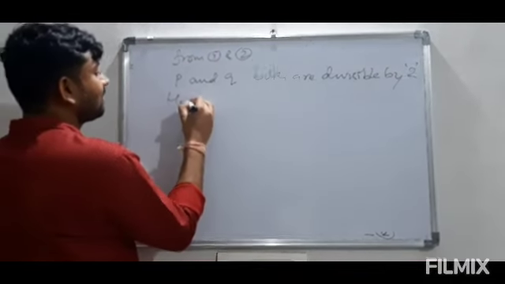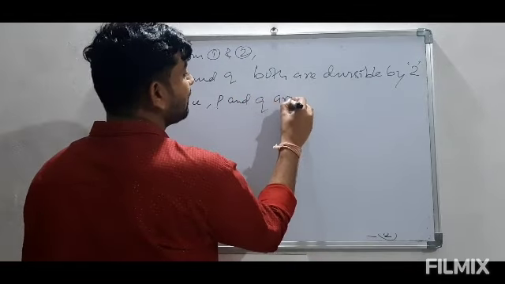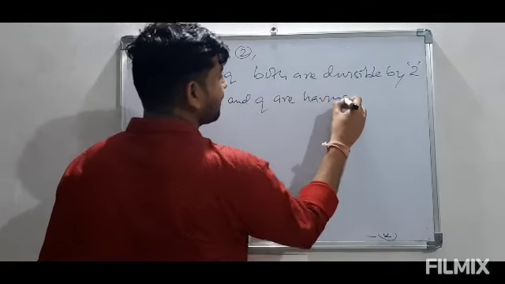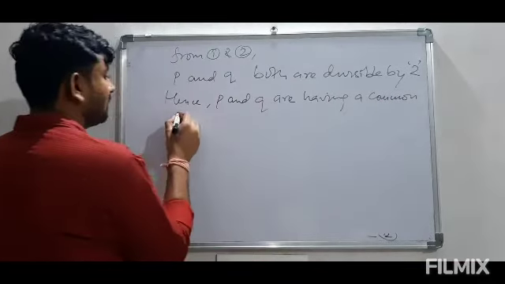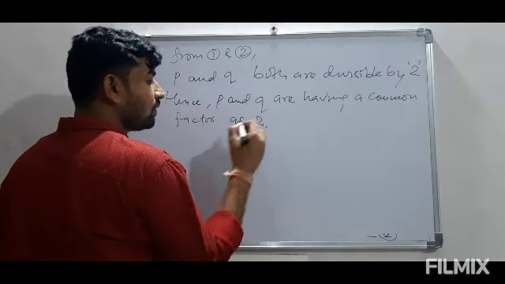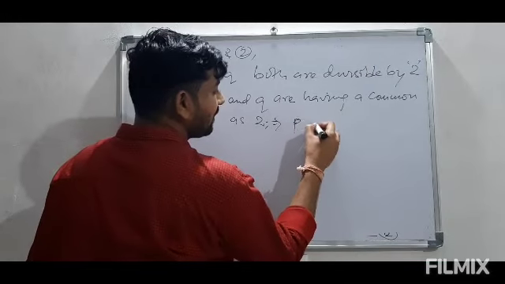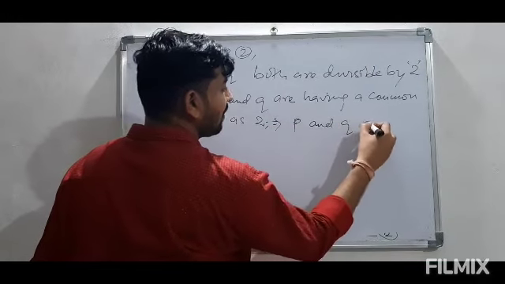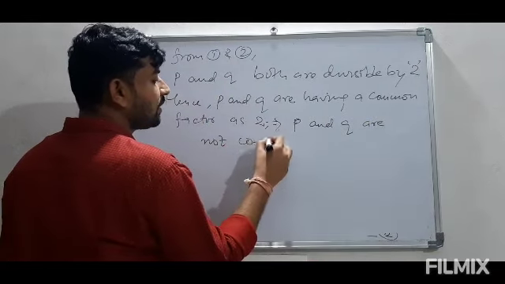Hence P and Q are having a common factor as 2. This implies P and Q are not co-primes.